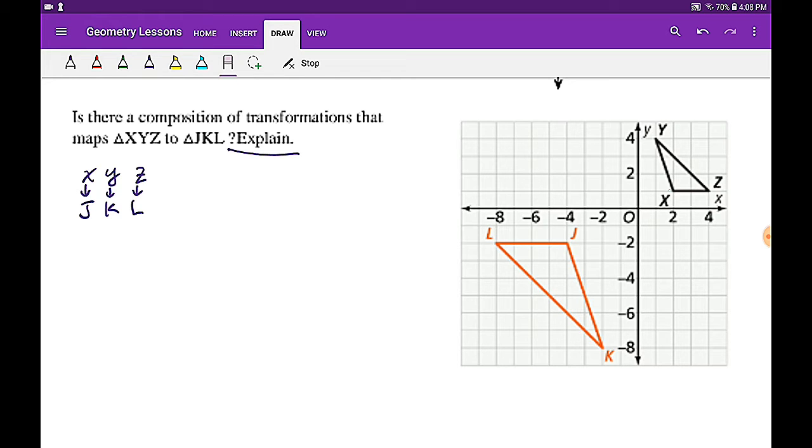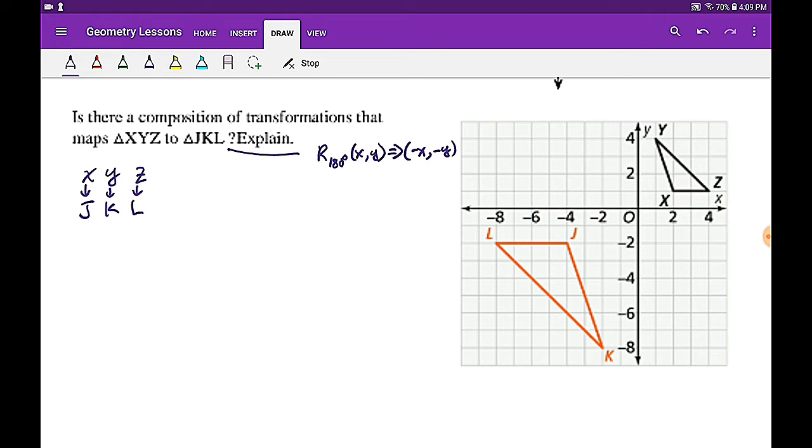If you rotated triangle XYZ, by way of review, a rotation by 180 degrees centered at the origin will give you (x, y) maps to (-x, -y).